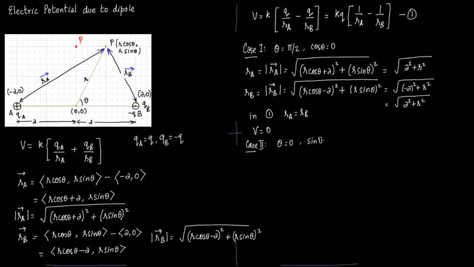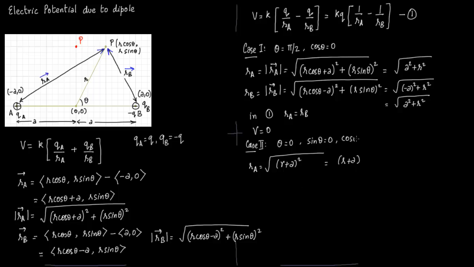Case 2, theta is 0. Theta is 0 means that point P lies on the same axis as the dipole. Now if theta is 0, sine theta would be 0 and cos theta would be 1.